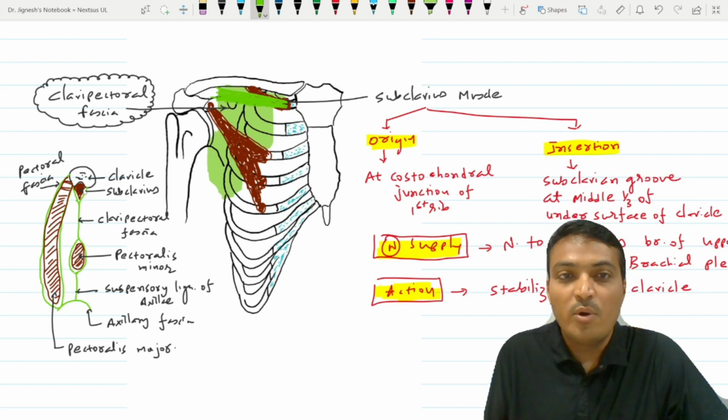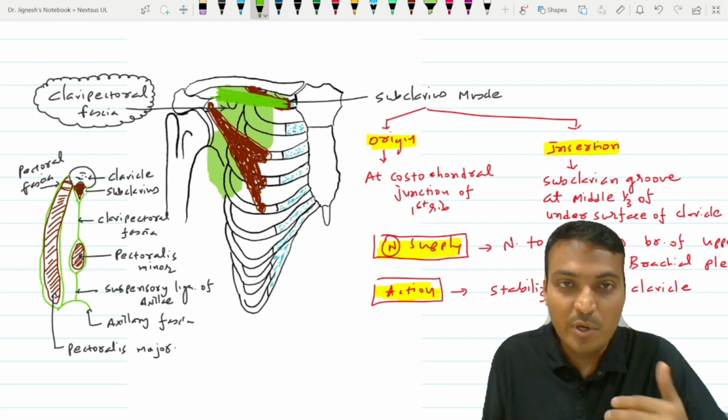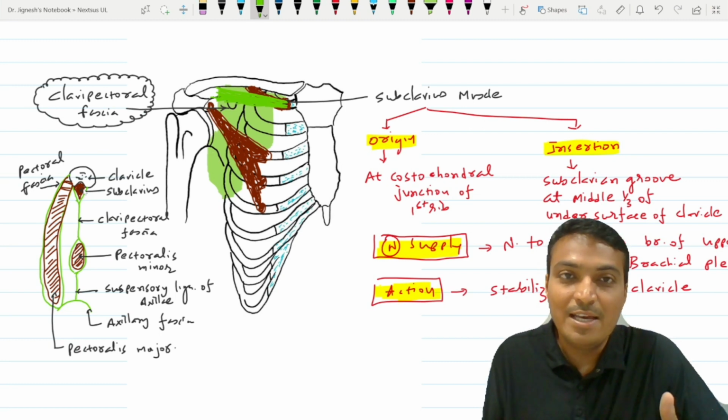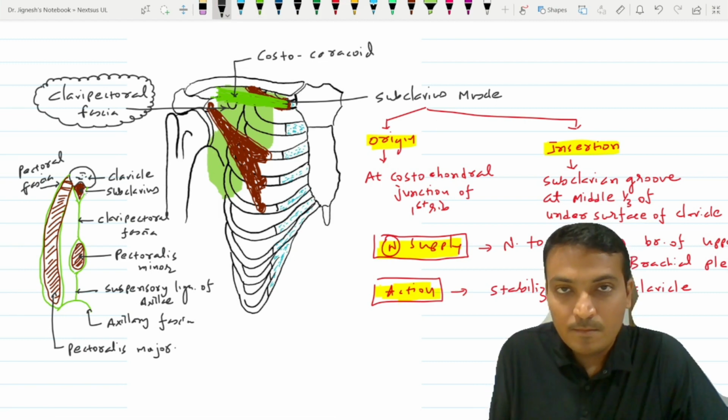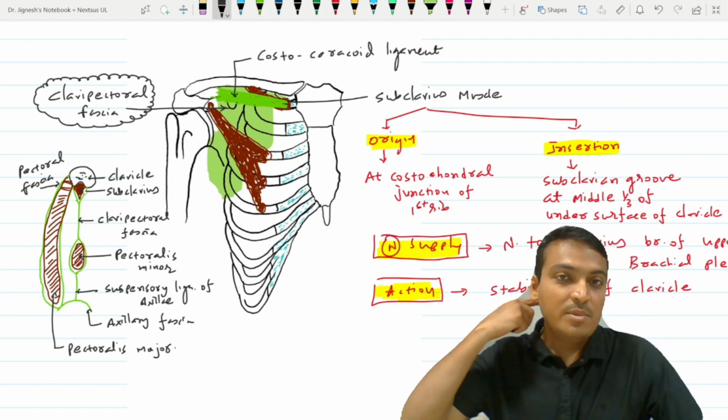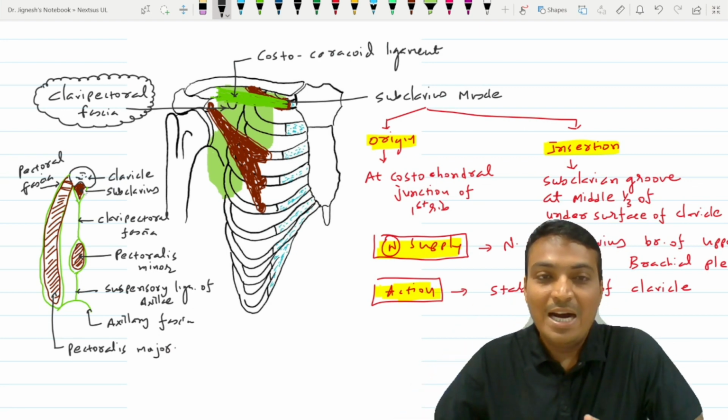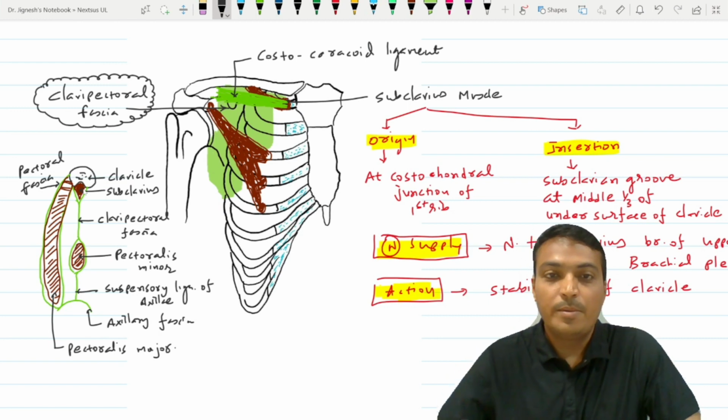So the costocoracoid ligament is nothing but the uppermost part of the clavipectoral fascia, extending from the coracoid process to the first costal cartilage. Sometimes this costocoracoid ligament can be asked as a short question or an MCQ.